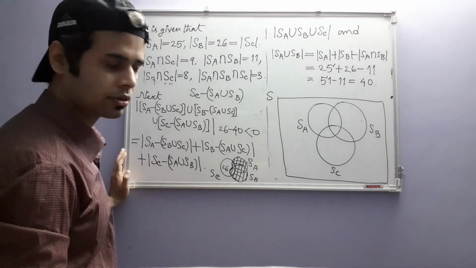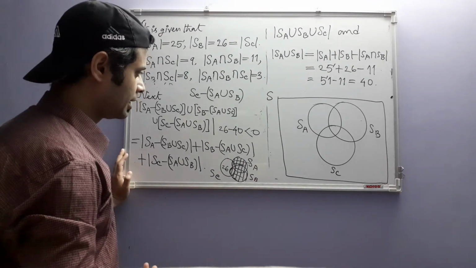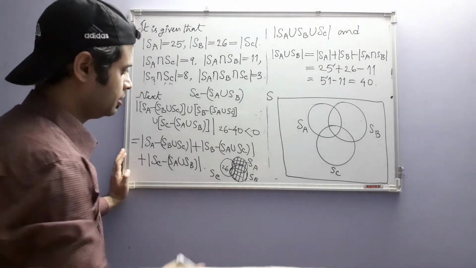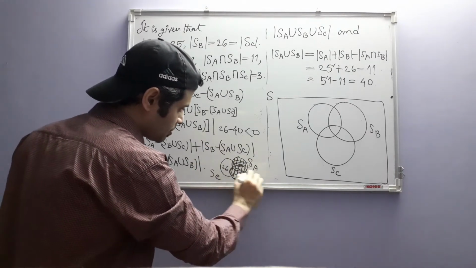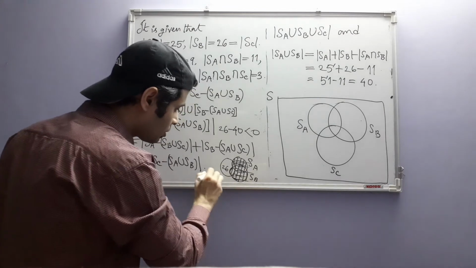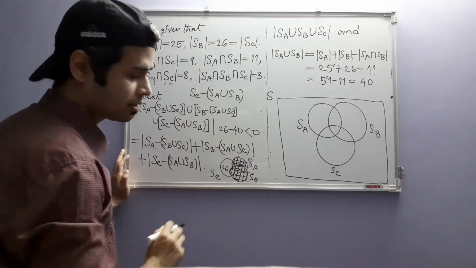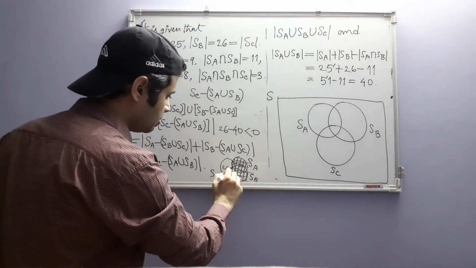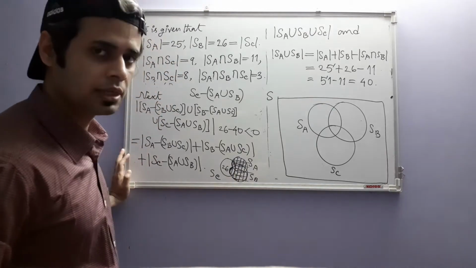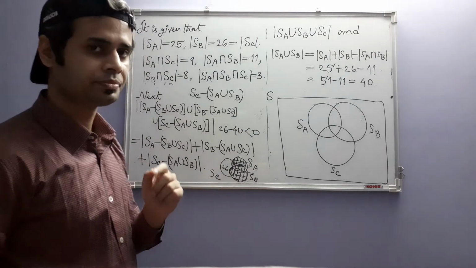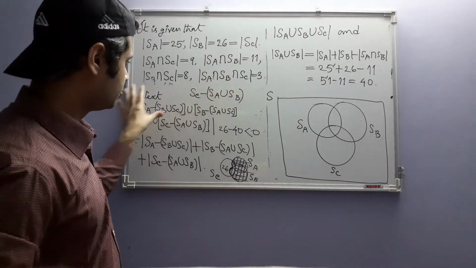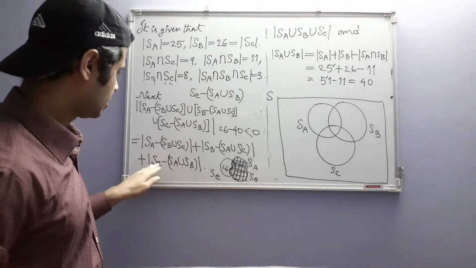A negative number of elements does not mean anything. Also, we cannot subtract elements which are not there in SC. We have to subtract only those elements which are in SC but not in SA or SB. So we cannot proceed like this.